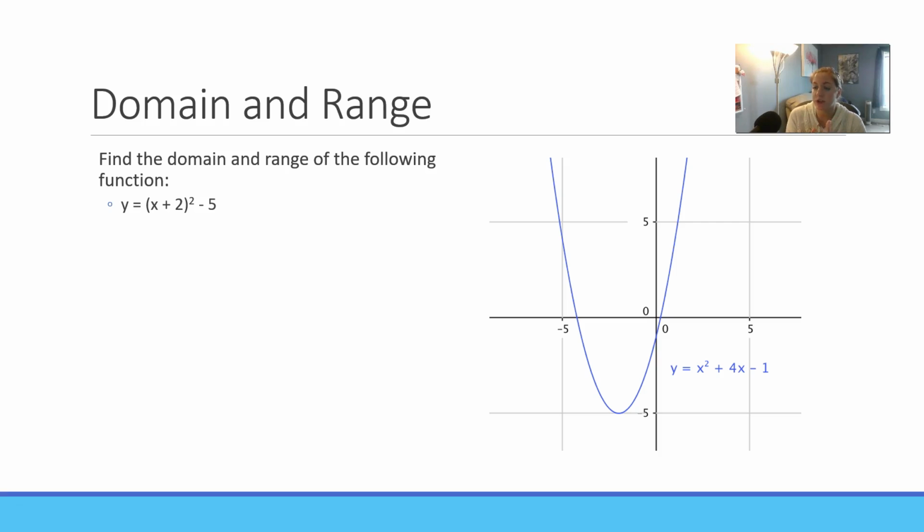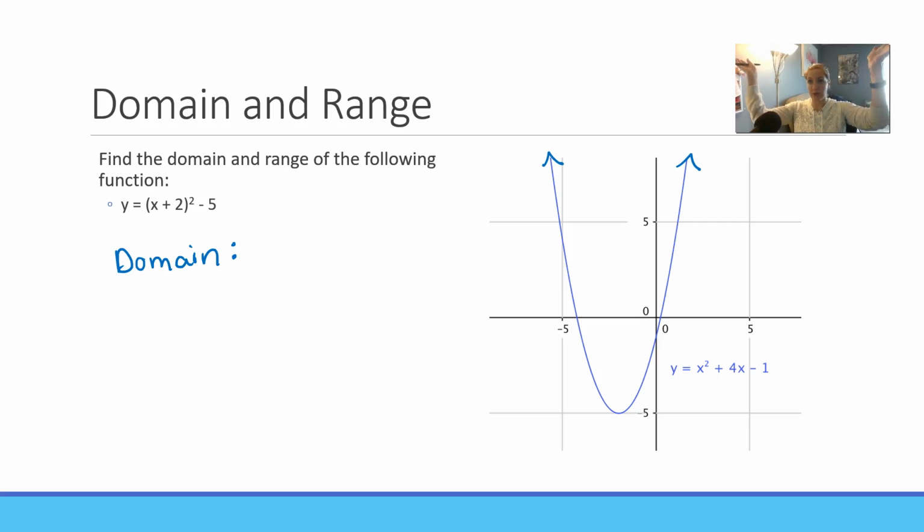Now let's talk about a quadratic. Again, I just plugged this into GeoGebra. It gave me this wonderful handy dandy graph. And I want to start with the domain. Domain is your x values. Notice it's shaped like this, so it's actually going out either direction.